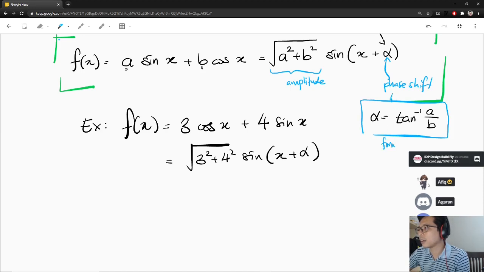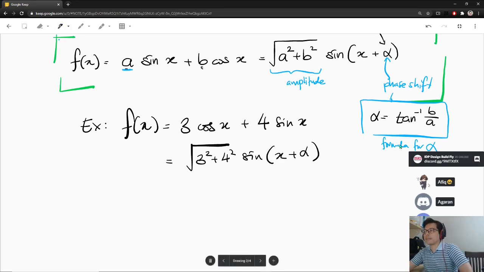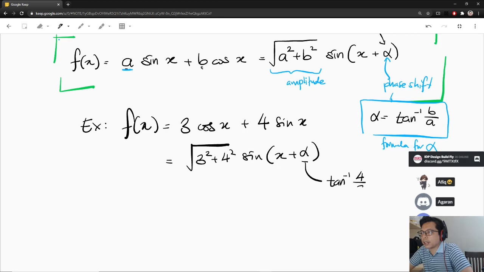This is the formula to find the phase shift: the inverse tangent of b over a. Sorry, I got confused. So alpha here is the inverse tangent of 4 divided by 3.